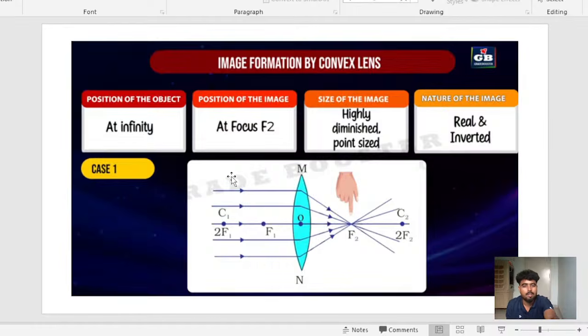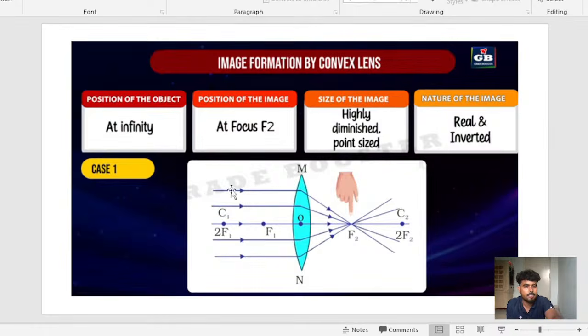If you know the rules of these ray diagrams, you don't need to draw the diagrams, you can directly say the answers. I already told that a concave mirror is equal to a convex lens, so both are converging.